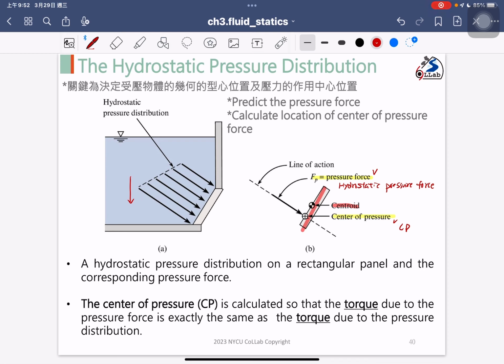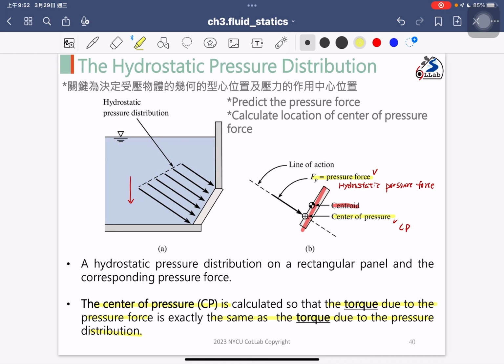But the bottom sentence already highlights the idea of how we can know, because the center of the pressure is calculated so that the torque due to the pressure force is the same as the torque due to the pressure distribution. So in the next class, based on this idea, we deal with the problem with moment balance.